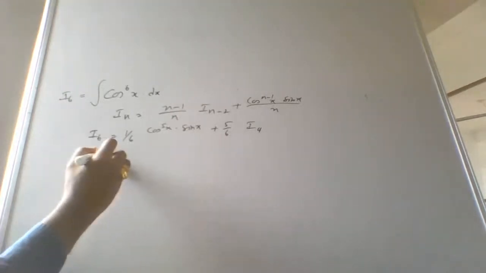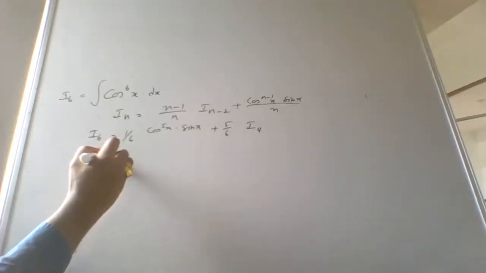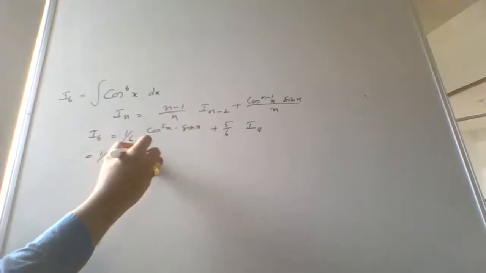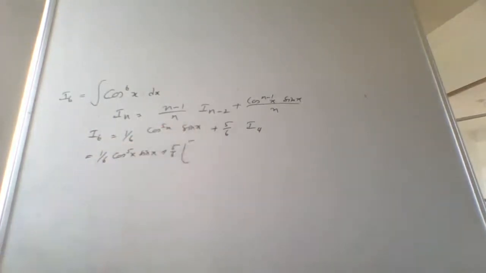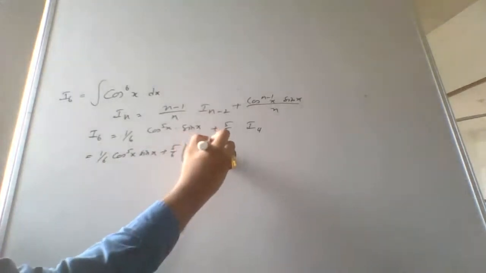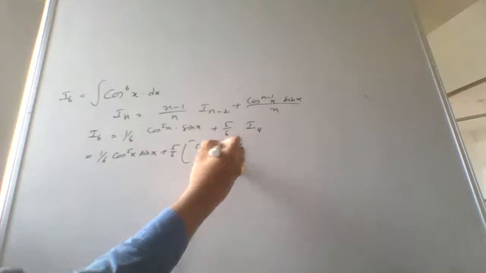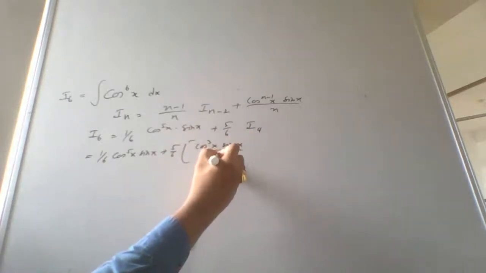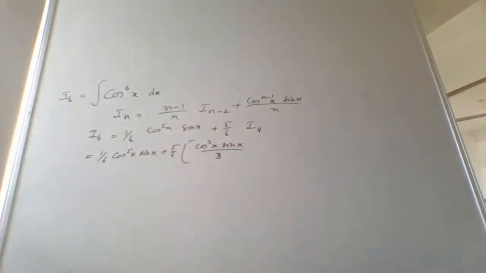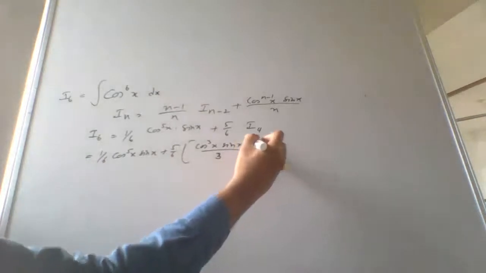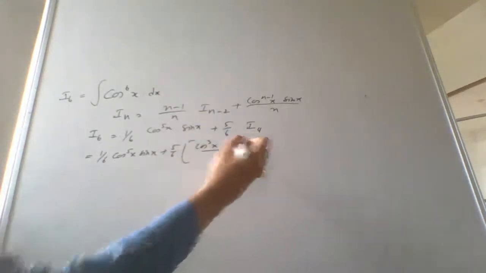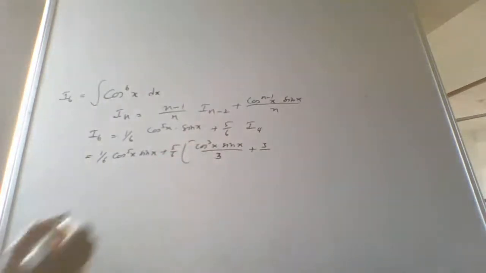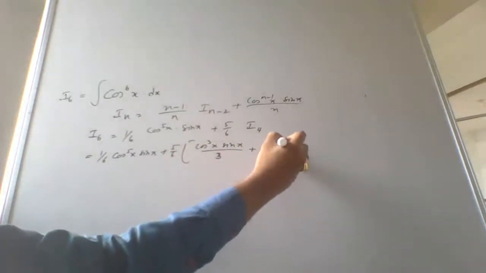So that is 1 by 6 cos power 5x sine x plus 5 by 6, and this will be cos cube x sin x divided by 4, and 3 by 4 I2.